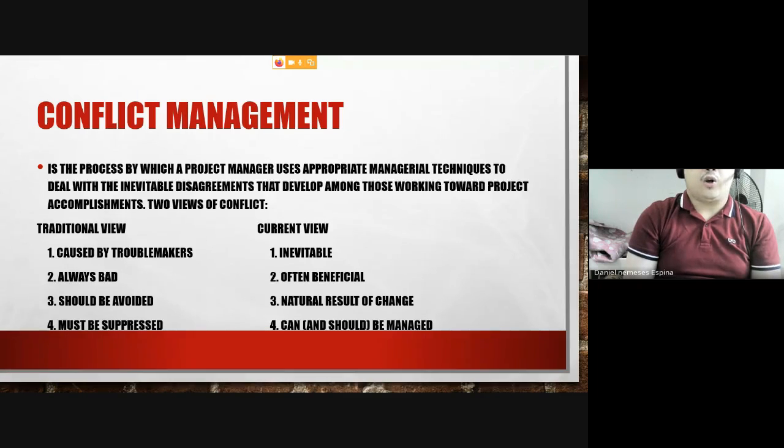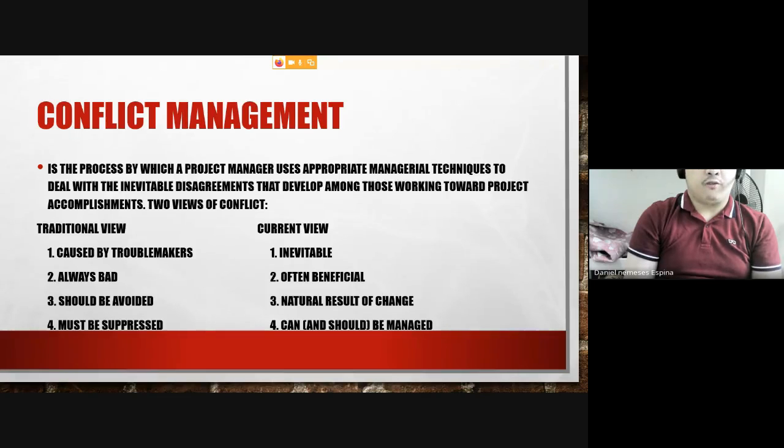Conflict dili na siya malikayan, especially if the persons come from different backgrounds, di ba? Different religious principles, different political principles, laylay og mga beliefs in life. So in the current view, conflict is inevitable.